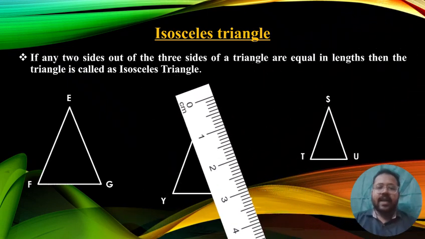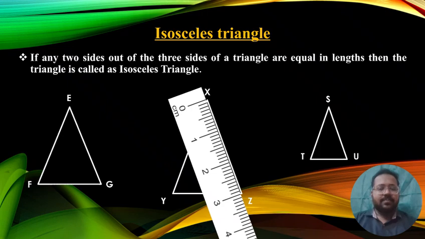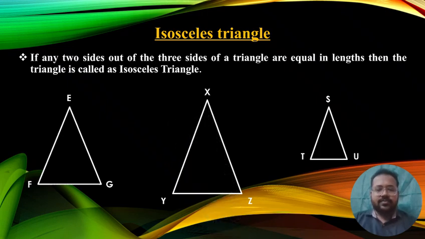The side XZ measures 3 centimeters. Hence, we can conclude that it is an isosceles triangle as side XY is equal to side XZ. The same scenario follows with the remaining two triangles, that is triangle EFG and triangle STU.